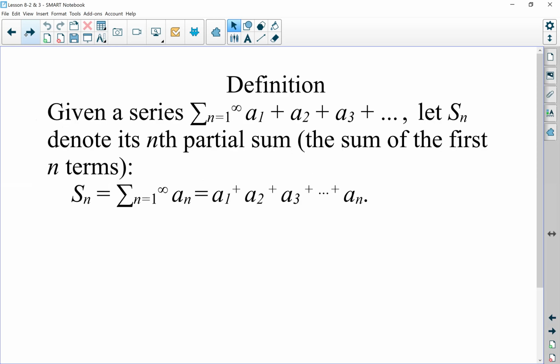Definition. We're not going to talk a lot about partial sums, but if I don't take the sum from 1 to infinity or from 0 to infinity, and I stop somewhere, then it's called a partial sum. It's just the sum of the first however many terms I'm adding together. A lot of times you'll take like the first 10 terms and use that as an approximation of the entire sum.